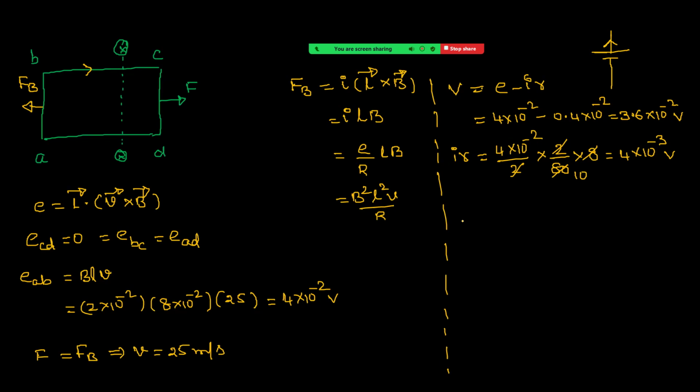That means the potential difference across CD is equal to I into R. So this value is 4 × 10⁻³ volt, right? In the same way, we can calculate the potential difference across BC and across AD, because of the current flow due to the resistance of the wire. I hope you got clarity.